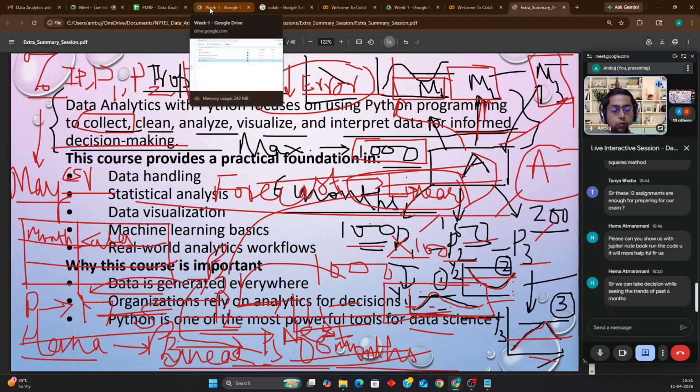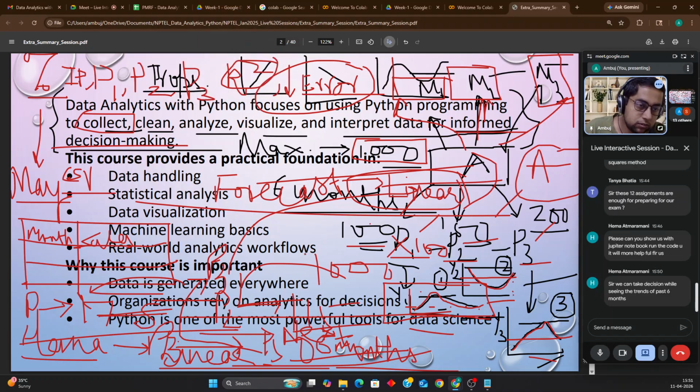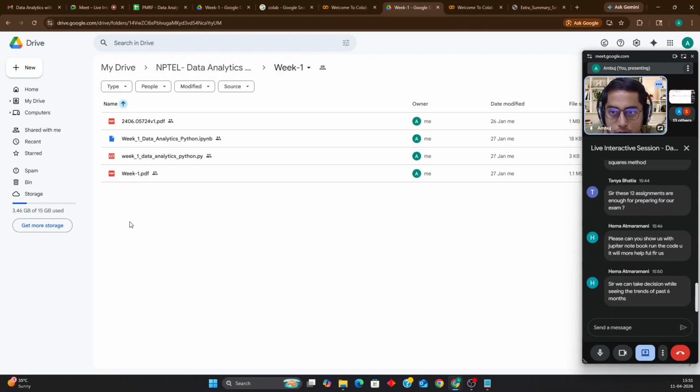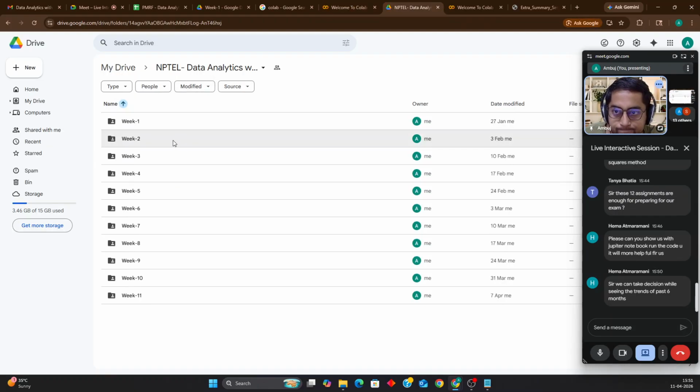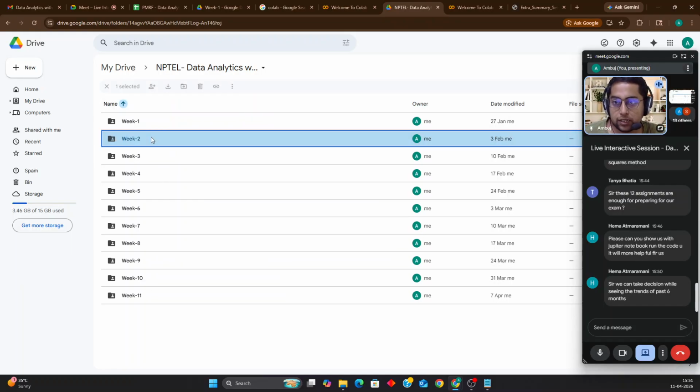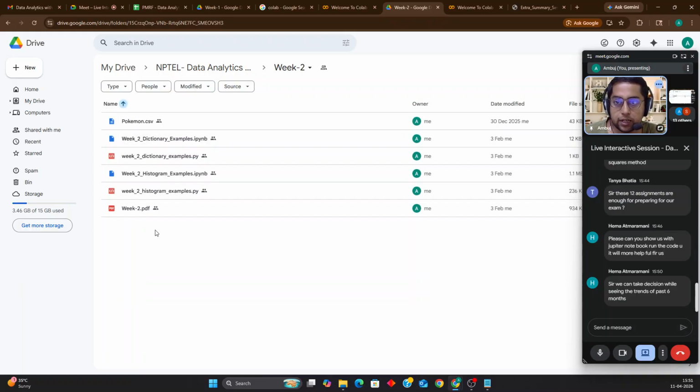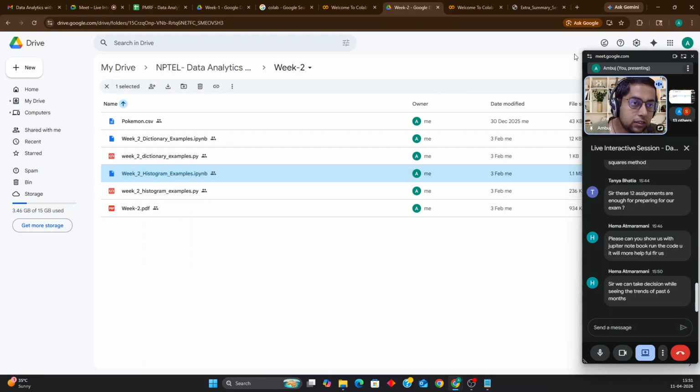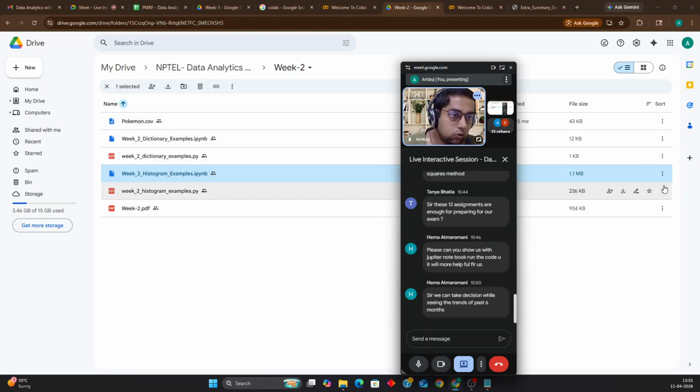There is a simple procedure for running the Jupyter notebook which I have provided to you. Suppose you go to any of the weeks' content. Suppose it is week 2. Here I have provided this content, an IPYNB file. I am just downloading it here.